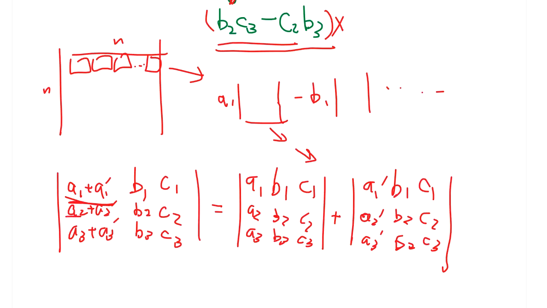So an addition in one column or row can be broken into two determinants this way.